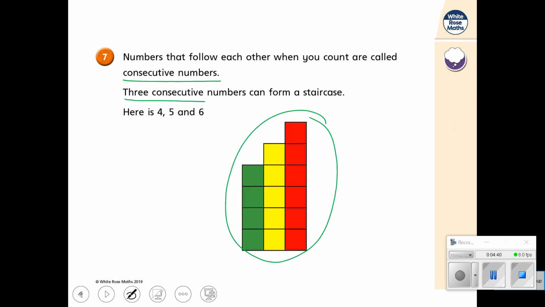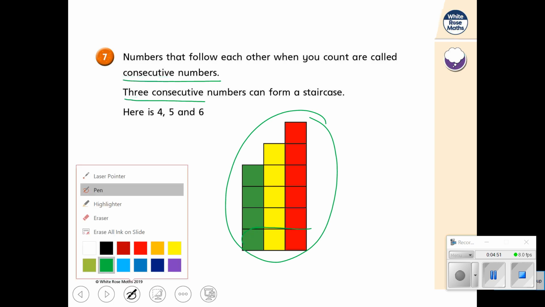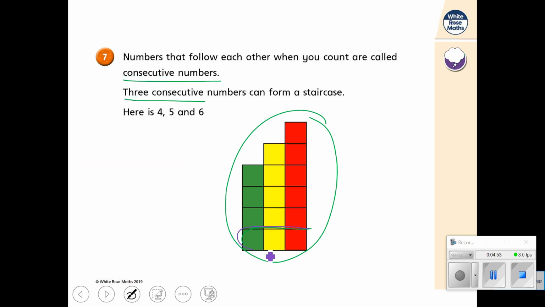But I'm going to go back to the picture and show you now. If you have a look at the diagram of our staircase, you can see that each row, I'll change my pen colour because that might help you, is in a set of 3. There's a 3, there's a 3, there's a 3, and there's a 3.